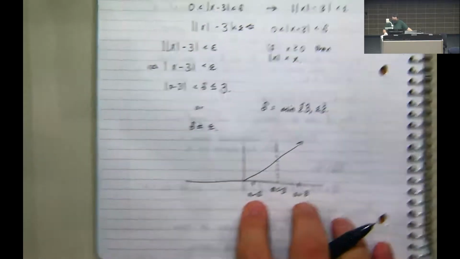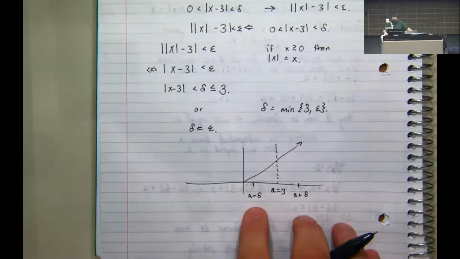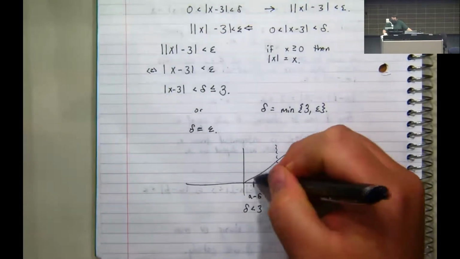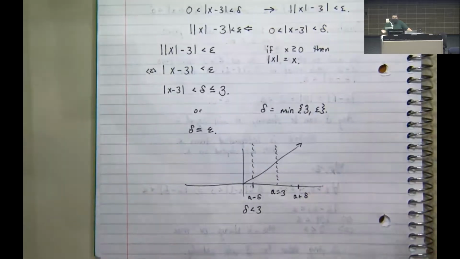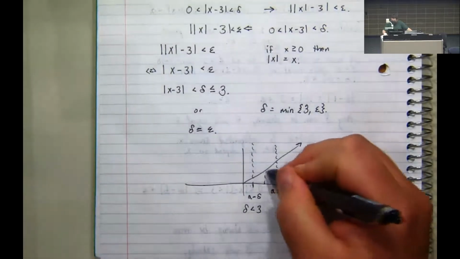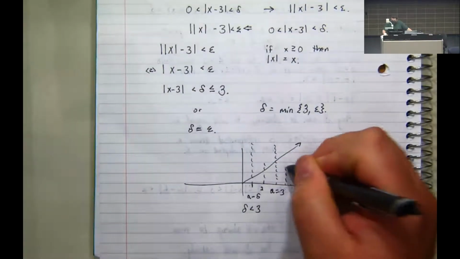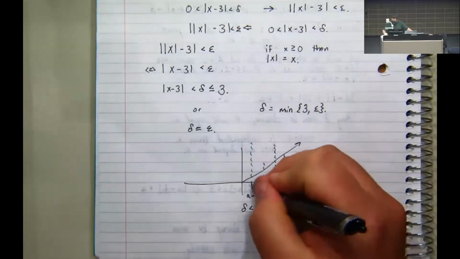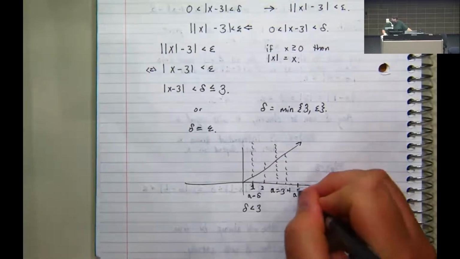And what we're saying is that if delta is less than 3, when we're placing this line, if it's 1, then it would be at 2 and 4. If it was 2, it would be at 1 and 5.